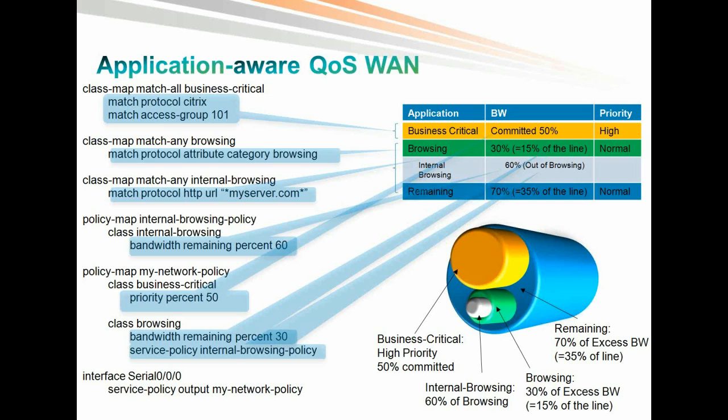From there, we call out a service policy for the internal browsing, which ties a certain amount of bandwidth via that second policy, the internal browsing policy, 60% of the bandwidth to that specific URL. So what we've done is if you look at the bottom right, we've allocated a certain amount of bandwidth for the interface, tied that down to a certain amount of traffic for browsing, and a subset of that browsing is very important to us. So we've essentially catered to that specific traffic.